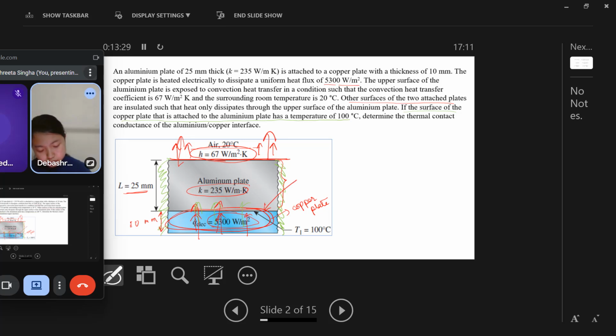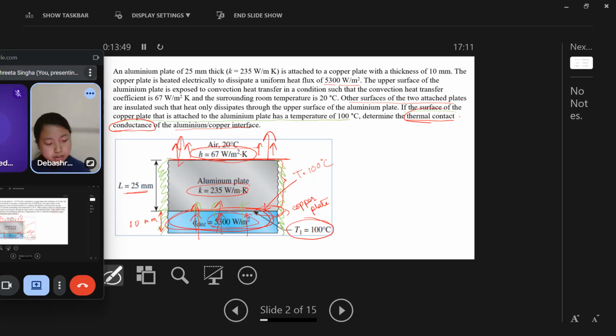That is this one. So determine the thermal conductance of the aluminum-copper interface. Here it is given to determine the thermal conductance.